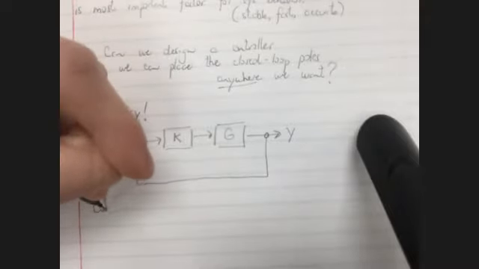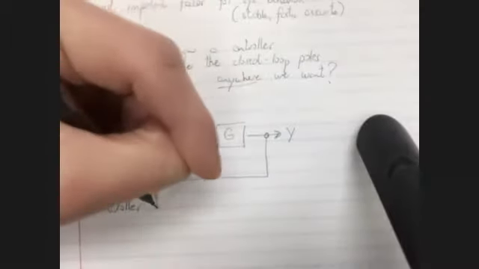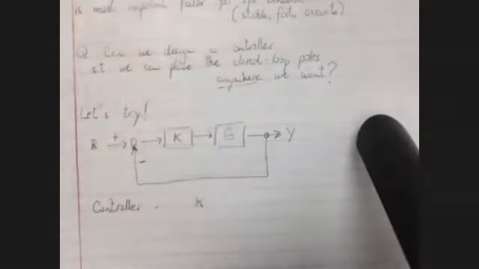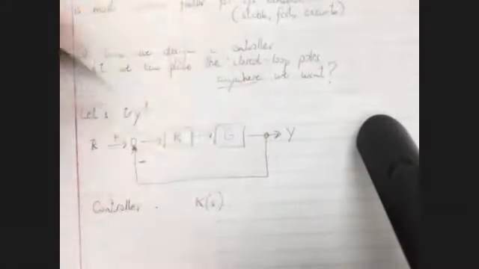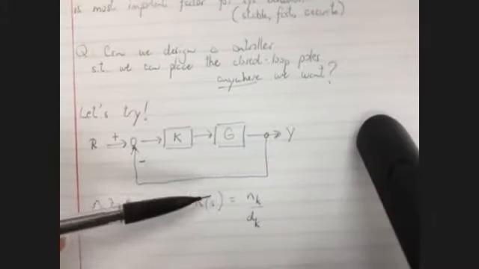So let's say the controller, we're going to call it K, and let's say this is a K of S. So it might not just be a constant. It could be a K of S that we get to decide. And in fact, let's call this NK over DK. So it's got a numerator, it's got a denominator.